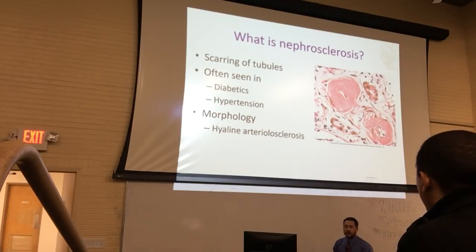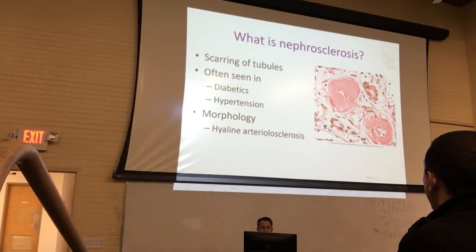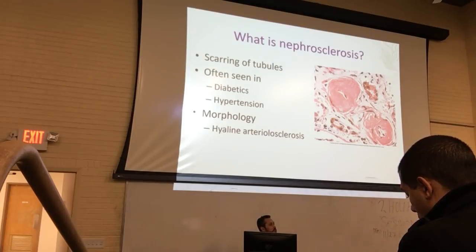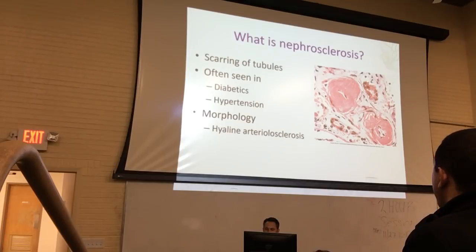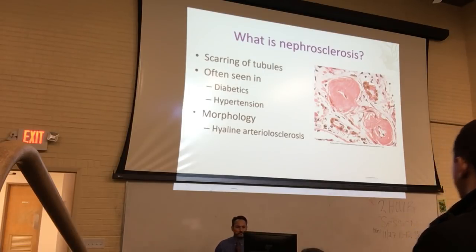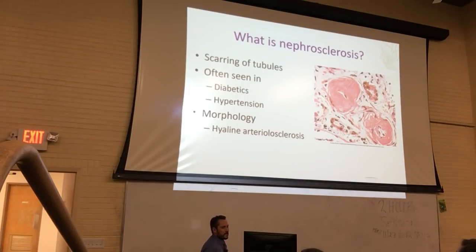Okay? You're going to see scarring of the tubules, and you're going to see the morphology change into a hyaline morphology, which is very similar to what we see in atherosclerosis, otherwise known as arteriosclerosis. We'll talk about that more next week. So you can see in these two pictures with this nephrosclerosis, there's hyaline deposition and a thickening of the walls of the arteries.